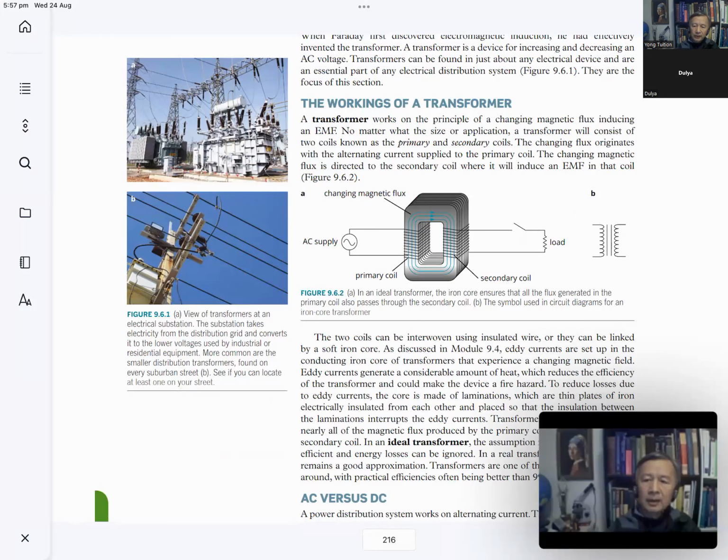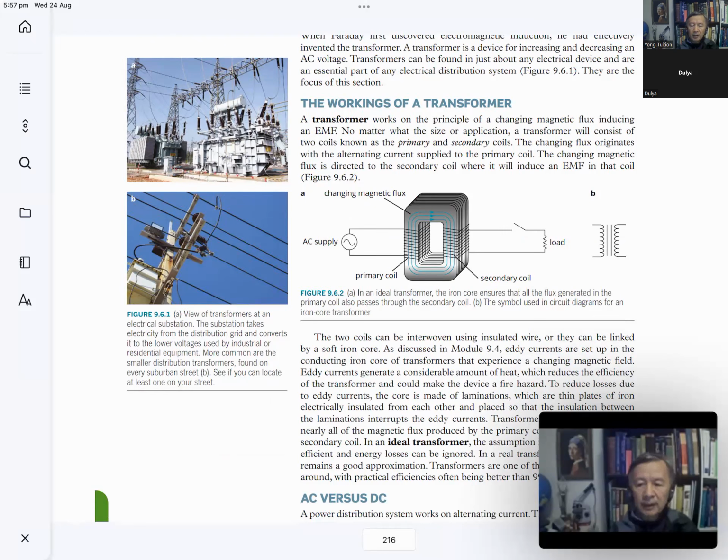So this diagram shows that this transformer contains a pair of coils. Can you see? This is called the primary. This is called the secondary. In the primary, we have the source whose current or voltage needs to be changed on the other side of the transformer.